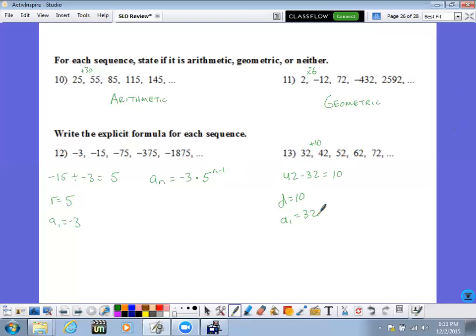If we know the difference and first term, the explicit formula, a sub n equals 32 plus our difference of 10 times n minus 1. I'm okay with you leaving it like that. If they distributed, you'd end up with 32 plus 10n minus 10. You combine your like terms, and you get 10n plus 22. So you might see it like this, or you might see it like that without it being simplified.